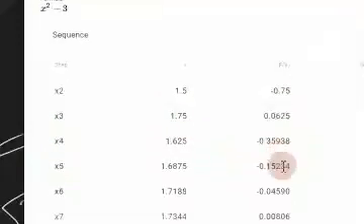This is the second iteration, the second midpoint. Then the function value at this point is this, and then let's compute that.